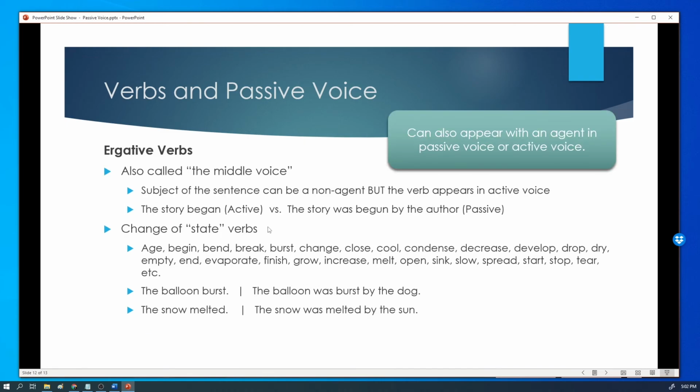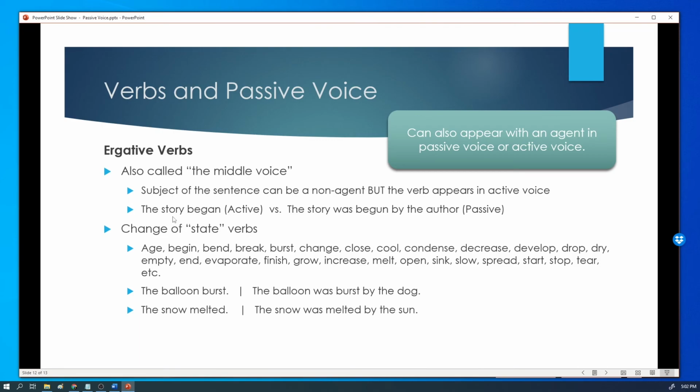Then something very special, which if you never remember, that's okay, but you might be curious about another kind of verb called ergative verbs. So ergative verbs can have no agent, but they can be in the active voice. So for example, the story began.